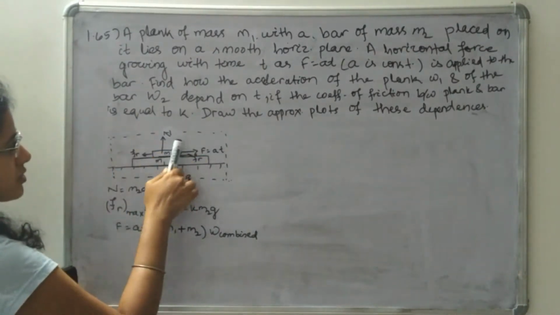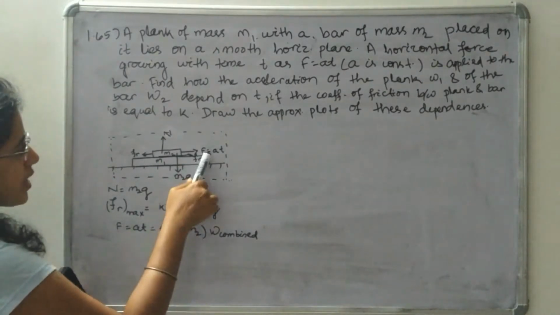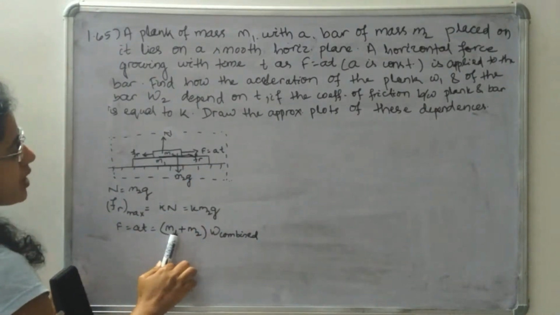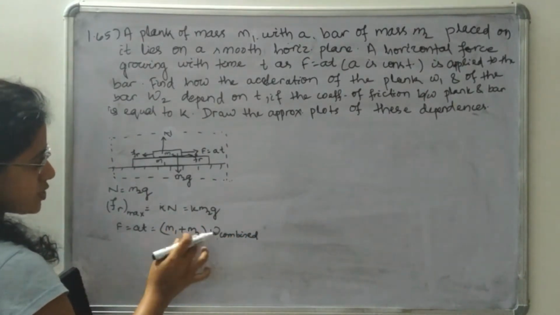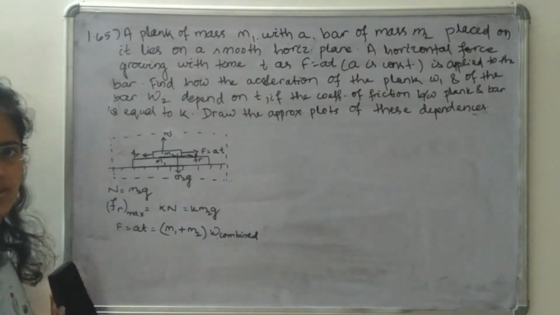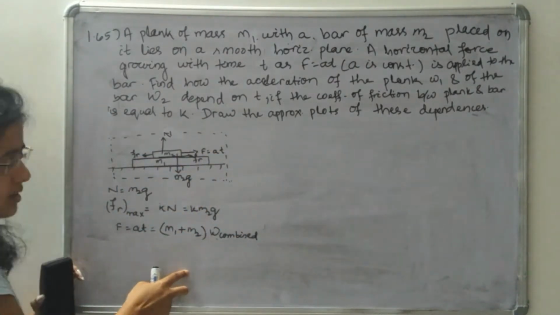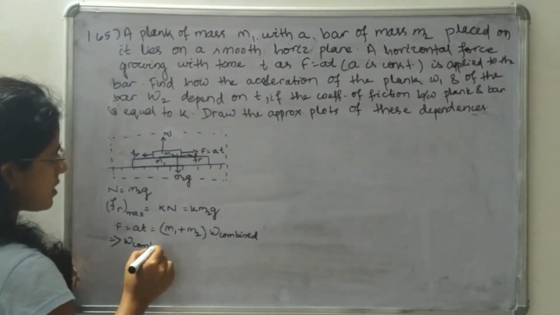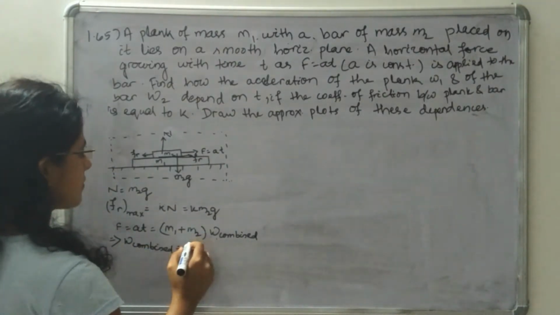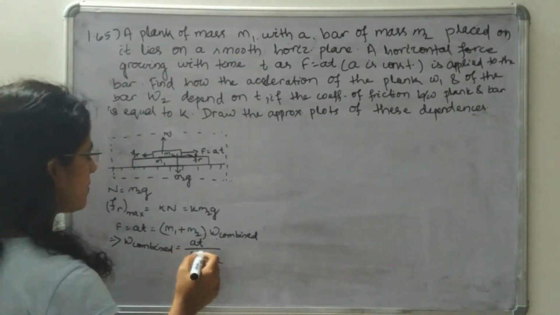There is no force on these two blocks except this force. So F = At = (m1 + m2) into W combined, the combined acceleration of these two bodies. So W combined is how much? I have got At divided by (m1 + m2).